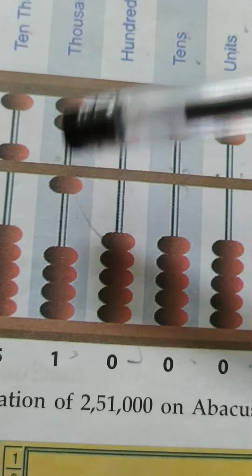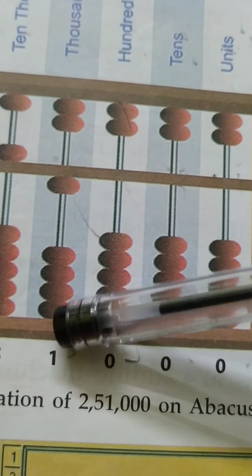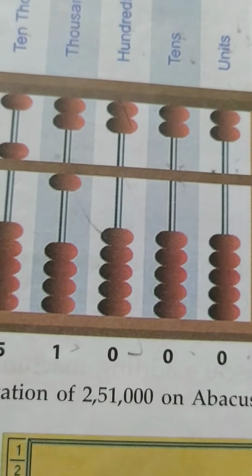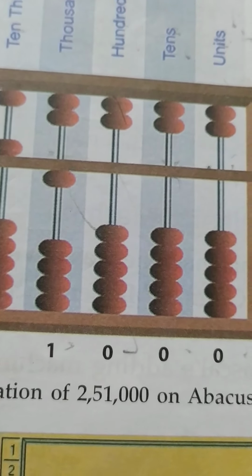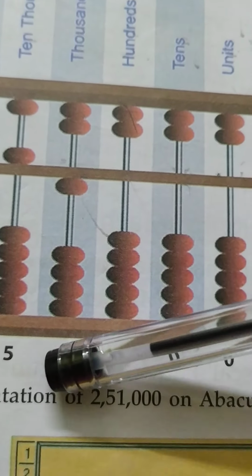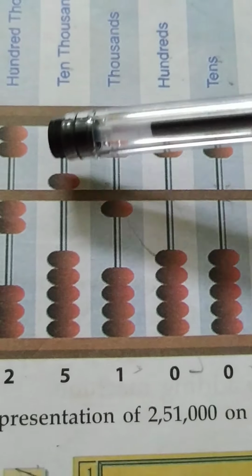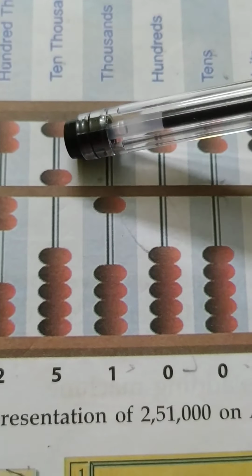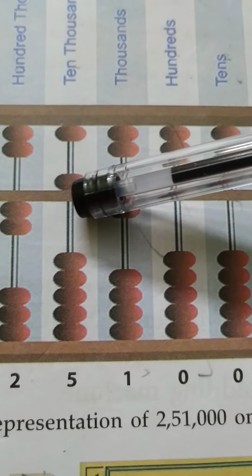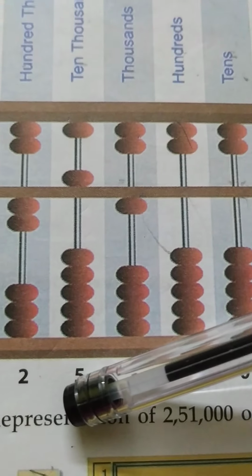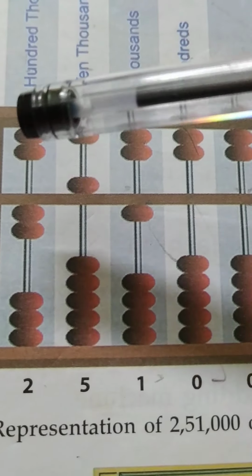Next, in the earth part, there is 1 bead near the divider, which represents 1 unit. Next, one bead of the heaven part is near the divider, that is 5.